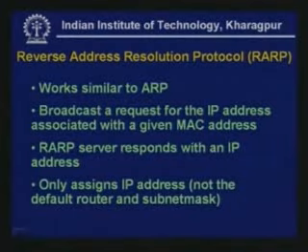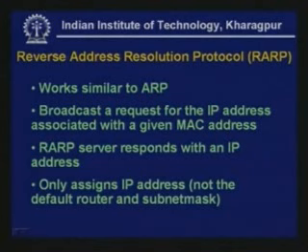Now, why would that be necessary? That would be necessary in case you have something like a diskless workstation which boots over the network. Now, a diskless workstation, of course, has its own MAC address. It wants to get assigned an IP address. So, that is an example of where RARP is typically used. It broadcasts a request for the IP address associated with a given MAC address.